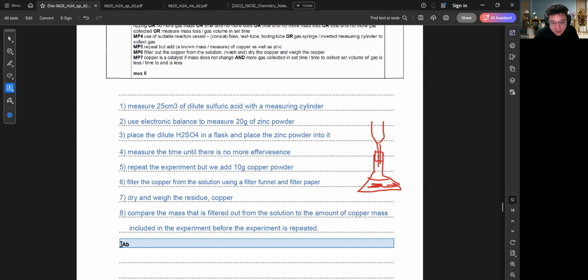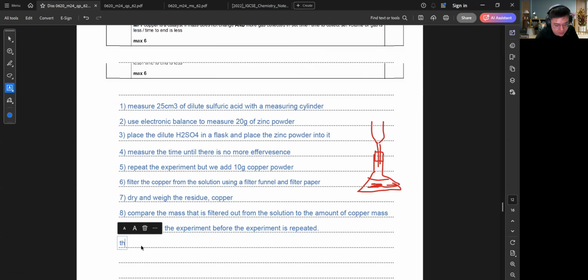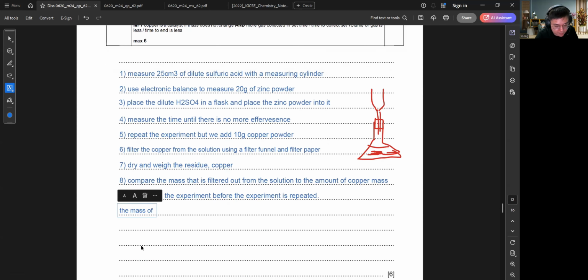And then to make it 100%, the mass of copper powder should stay constant before and after the reaction, or you can write experiment like that.